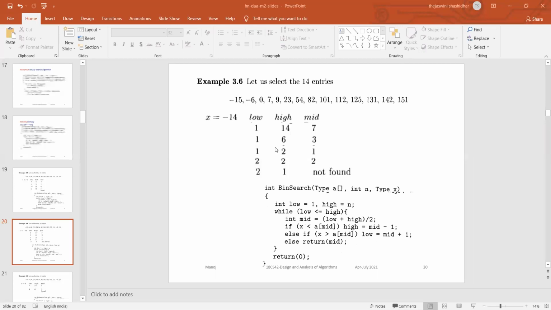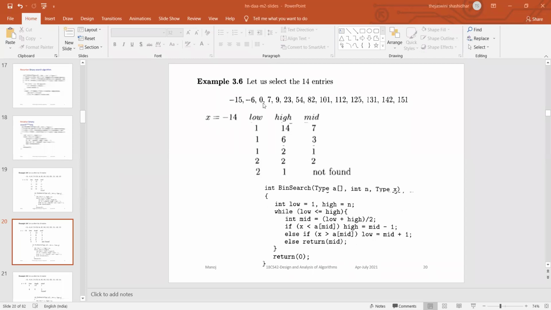Minus 14 is less than 0. So at that time, which condition do you go with? Is minus 14 less than 0? Yes.